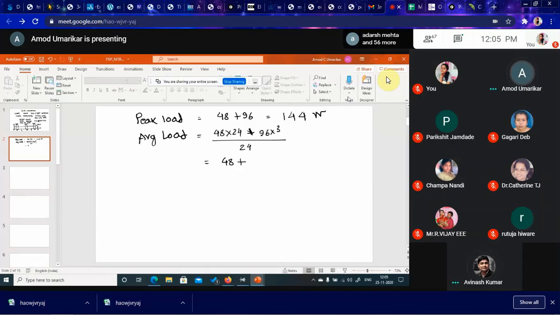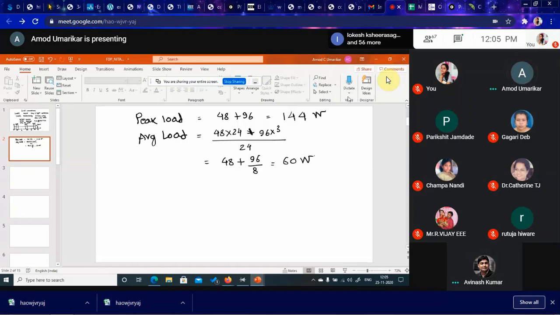So 48 plus 96 upon 8, correct? So the average load is nothing but 60. So this is the average load.